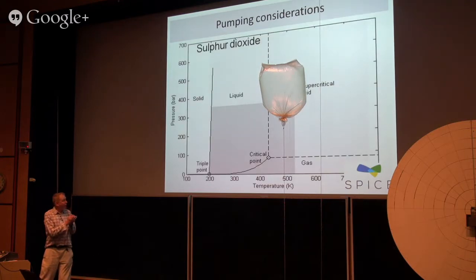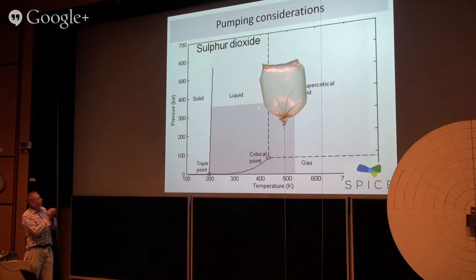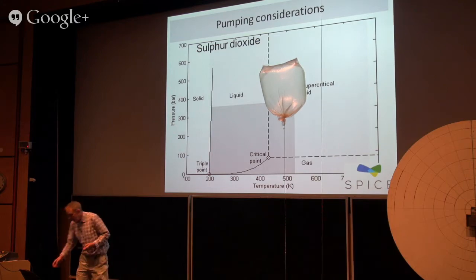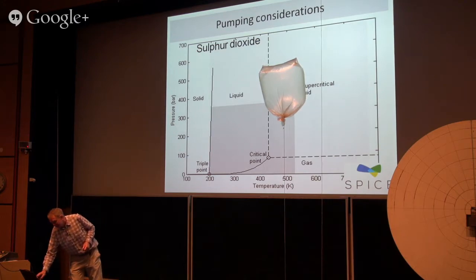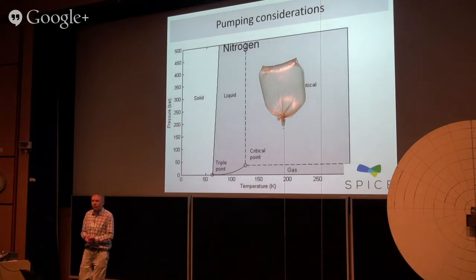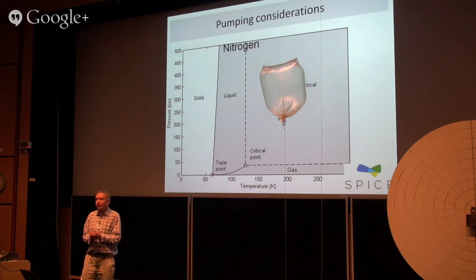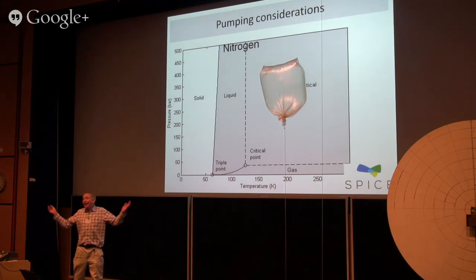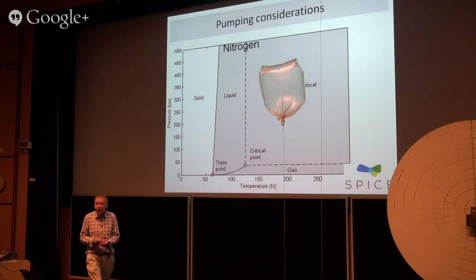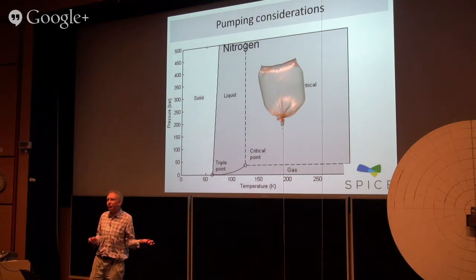Sulfur dioxide is sitting around a region where the liquid solid region is all around the temperatures where we are looking at pumping. There's a good chance we'll end up solidifying sulfur dioxide if we try to move it up the pipe. So that's why nitrogen looks like a good thing to try. Nitrogen, of course, is 80% of the atmosphere. So the initial experiments we could do at 20 kilometers would be to see if we can pump nitrogen.